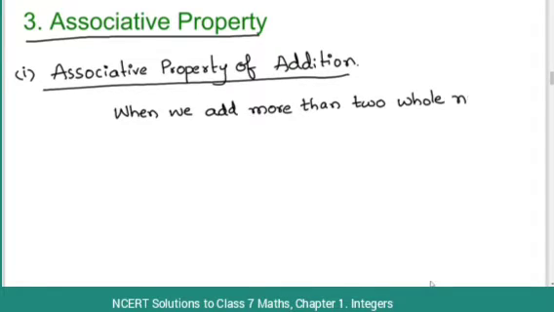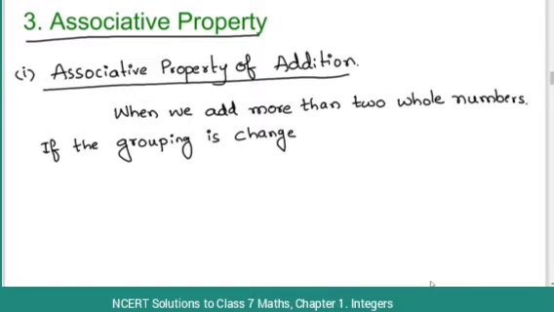When we add more than two whole numbers also, if the grouping is changed, the answer remains same.